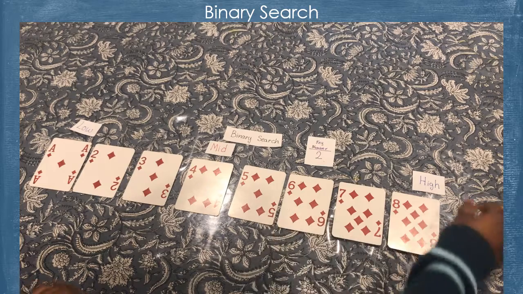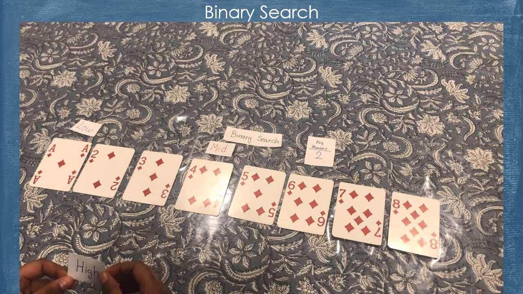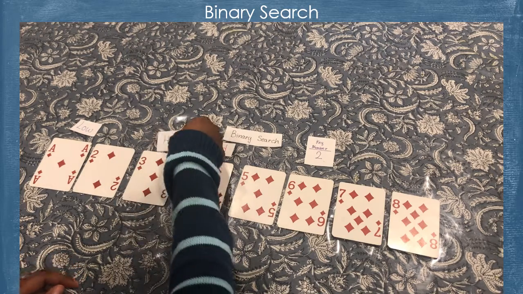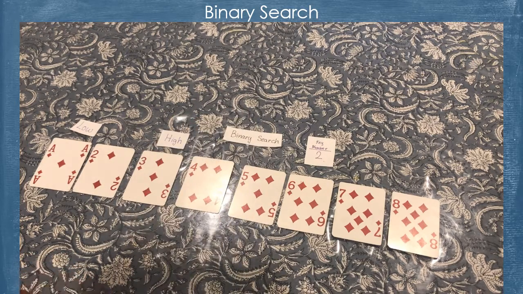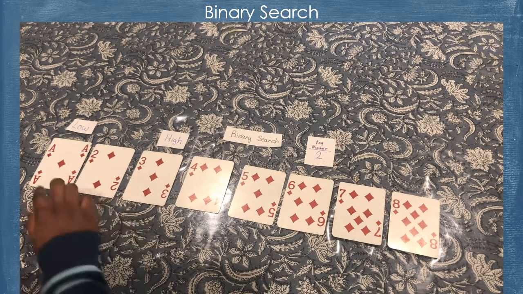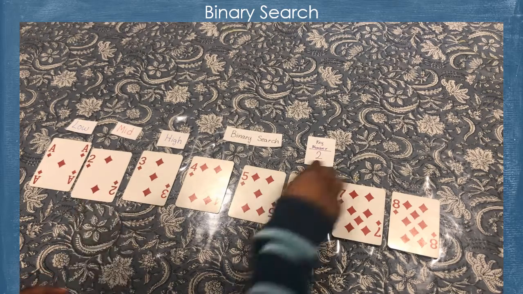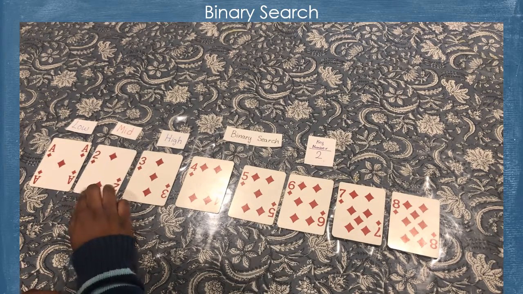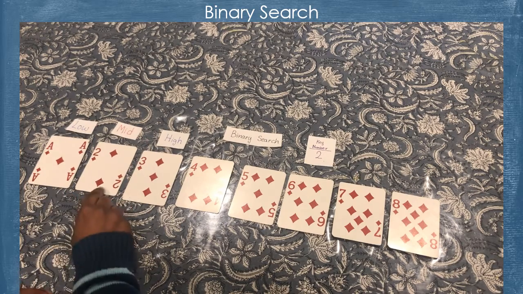So with that knowledge, we change the high index to the element before the previous middle element. Then using the same procedure, we find the middle element between the low and high, which would be 2. We see that 2 is equal to 2, so we return the index of this element, which is 1.